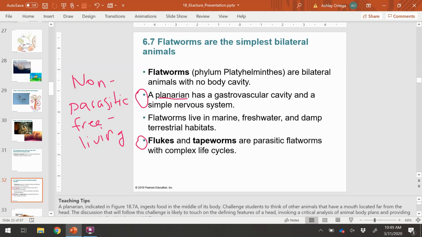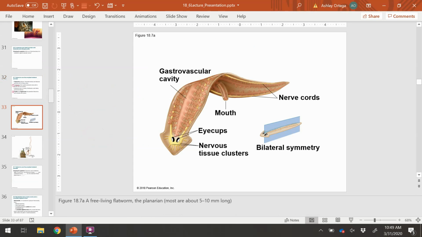All flatworms live in either marine, freshwater, or damp terrestrial habitats. They do need that water in some form or another. Looking at our example here, this is a body plan of the Planarian. It's non-parasitic, the free-living species.